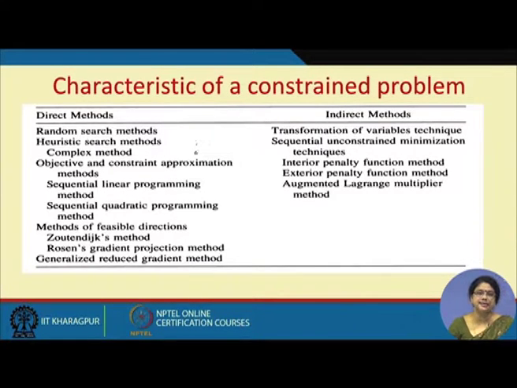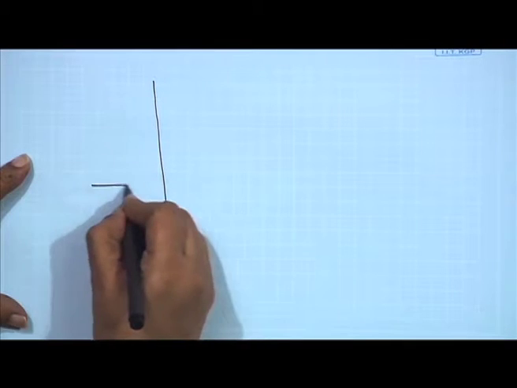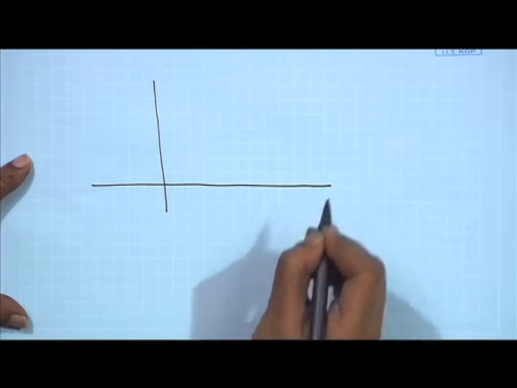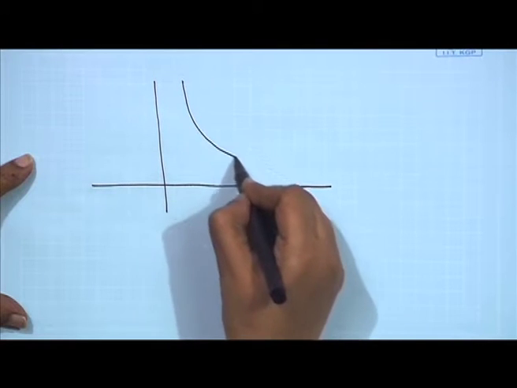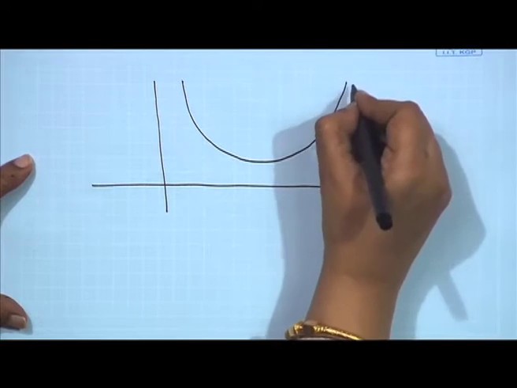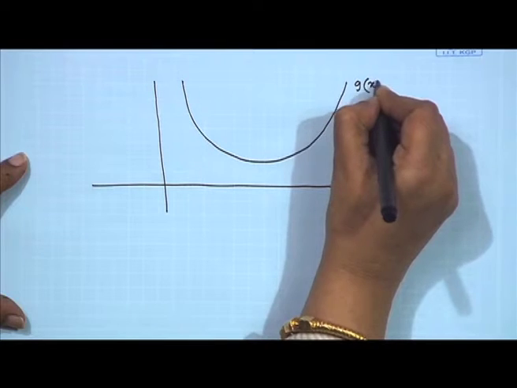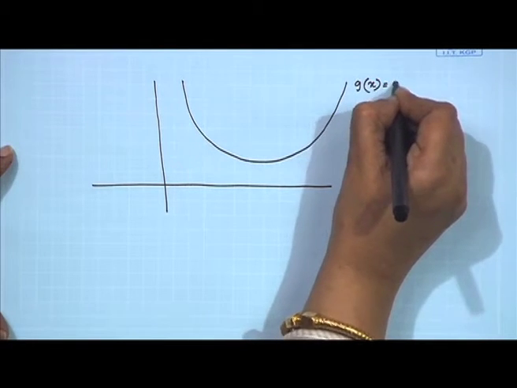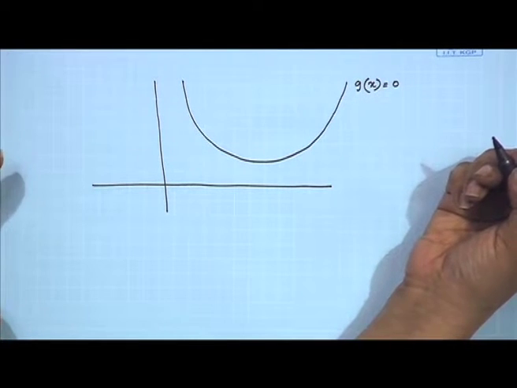Let me consider a nonlinear programming problem of a single variable. Let me explain the geometry of the methodology first. This is the function given to us, g(x) equal to 0, and we have g(x) less than 0.